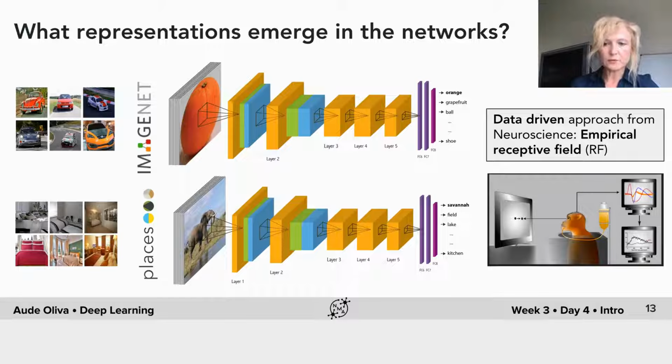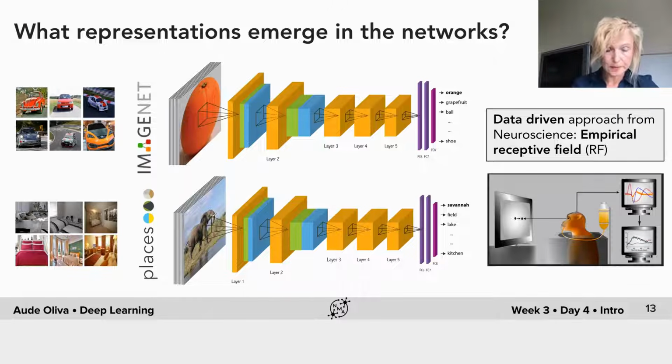The advantage of applying this data-driven approach to an artificial neural network is that you can show a lot of different patterns, almost an infinite number, and record the responses of all the units in the network many, many times in an exhaustive manner to try to determine what every single cell in your network is sensitive to.